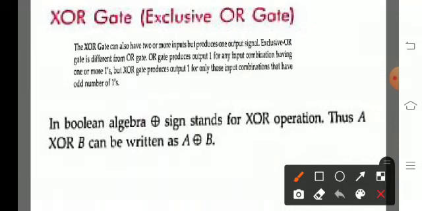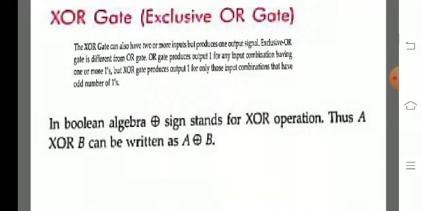But XOR gate, see, the OR gate produces 1 if any 1 is there, if the entire condition is true. But XOR produces 1 only for the input combinations that have an odd number of 1s. Odd numbers means what? 1, 3, 5.